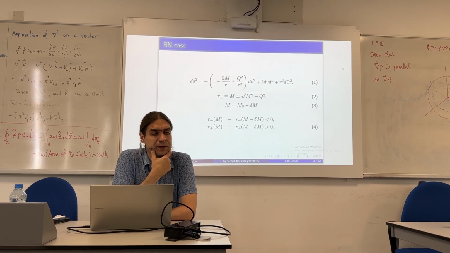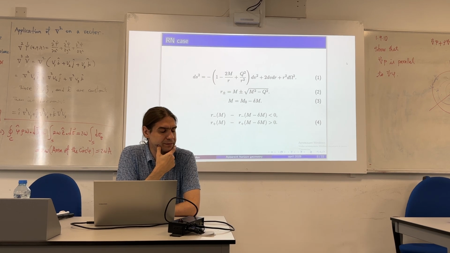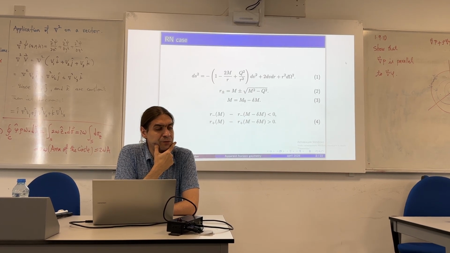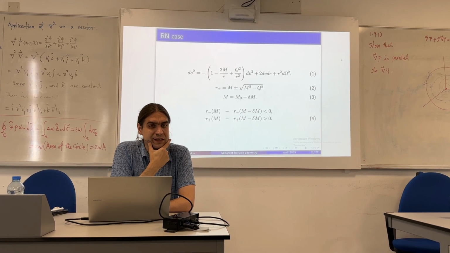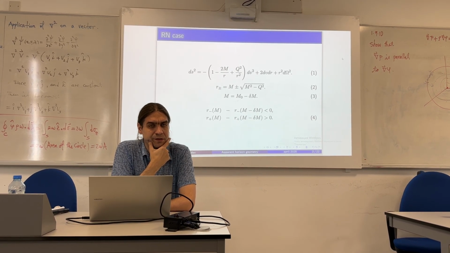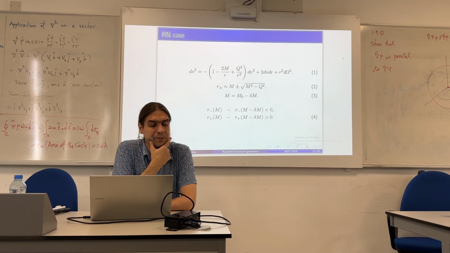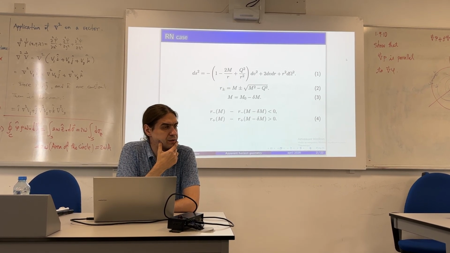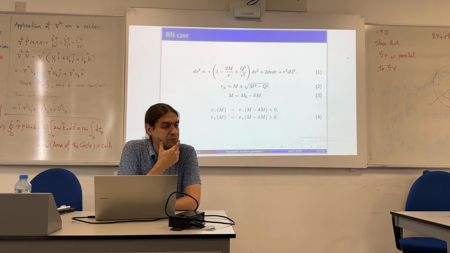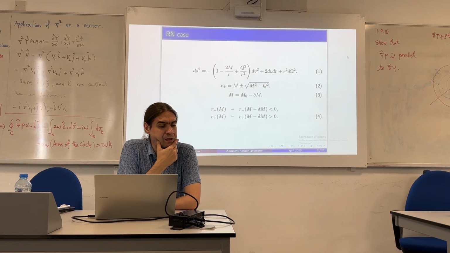The mass of the black hole starts to evaporate. So it means that the total mass is a bit decreasing. We consider M minus delta M, where delta M is a negligibly small quantity. And let's consider what's going on with the horizons.